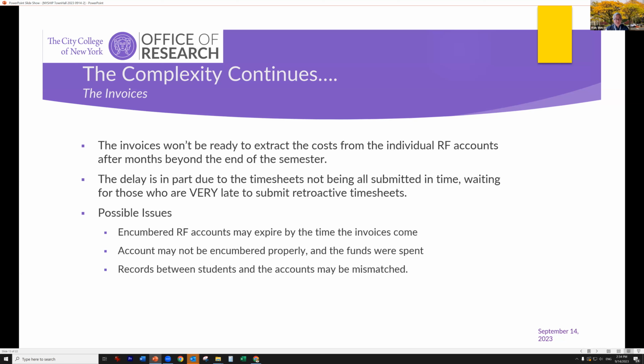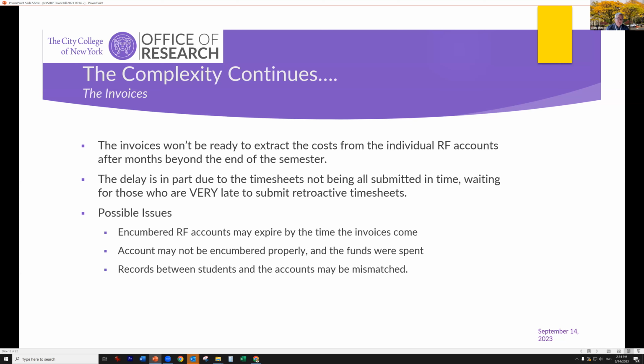There could be some other issues related to workload and so forth, but one of the issues is that the timesheet is not fully completed. So make sure you work with your students to submit the timesheets timely and accurately. So now the invoices come, and we have to pay for them.